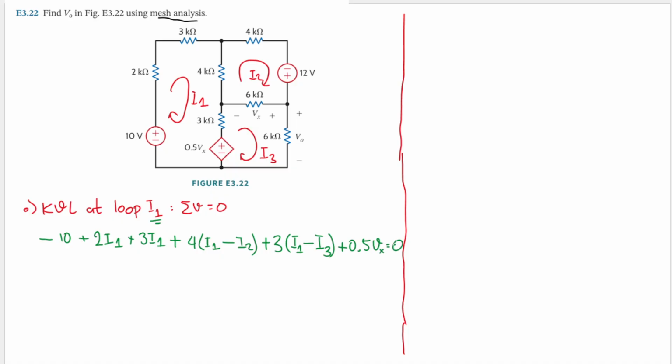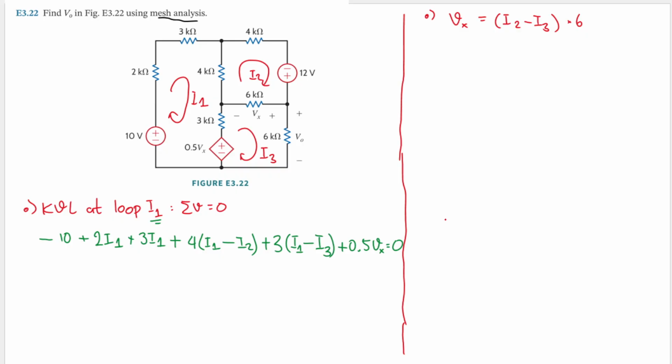Now, let's see what Vx is. We can calculate Vx, right? The positive terminal is here, so we need the current that goes there. So we will have I2 minus I3, multiplied by the resistance, which is that 6.